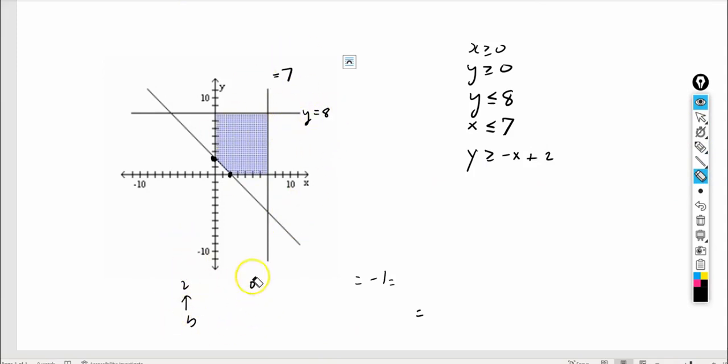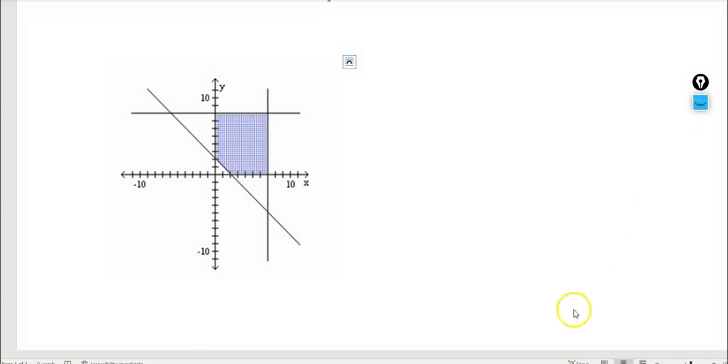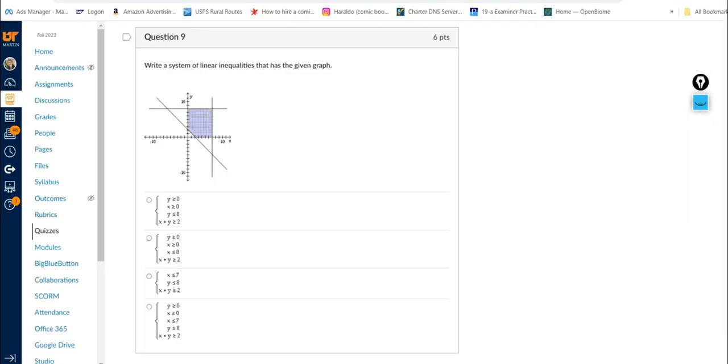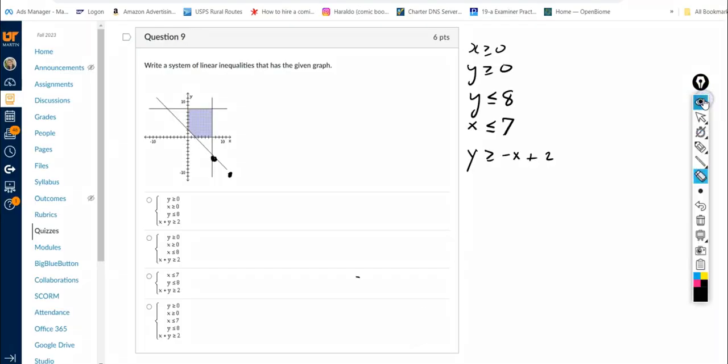Because I want to get these other ones. Okay, so let's see now. If I get out of here, come back here. All right, I'm nearly there. That's just not responding. Okay, now it's finally responding.